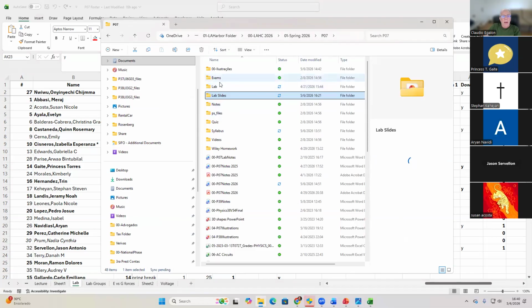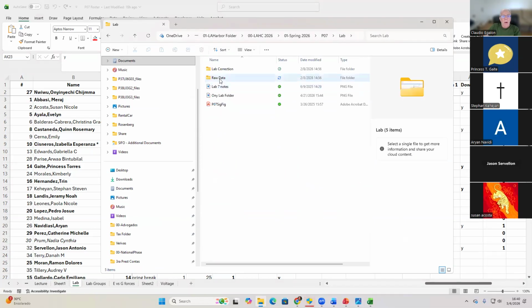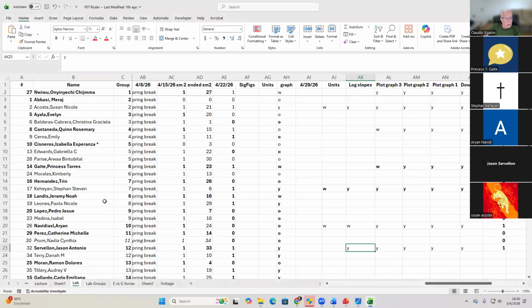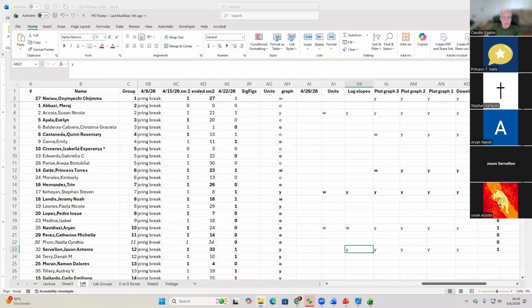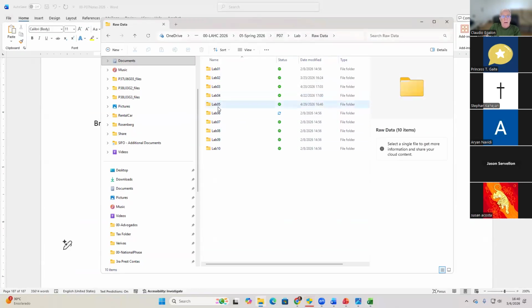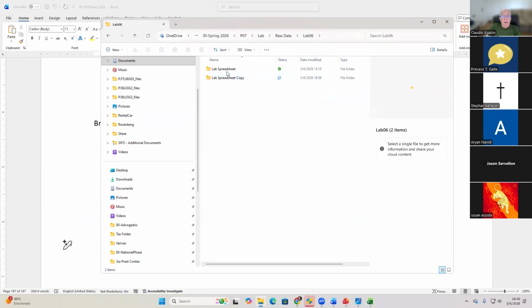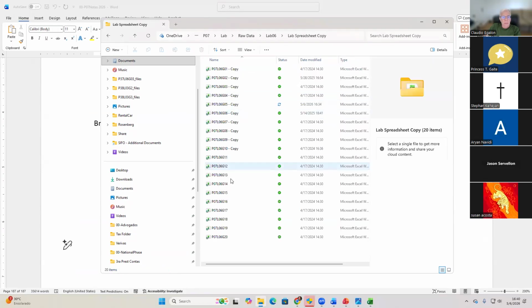Lab, plot data, your group number 12, right? Yeah. Jason. Spreadsheet 12.